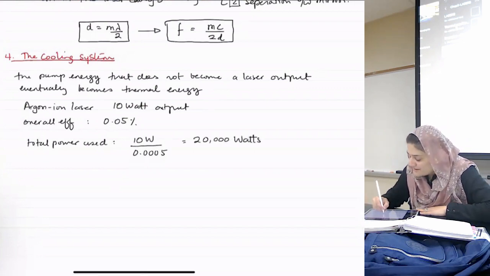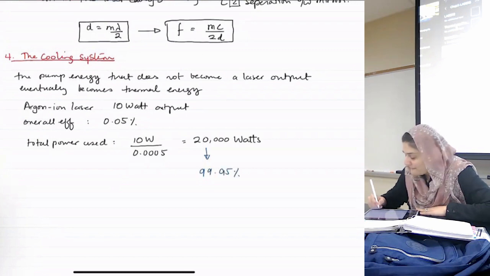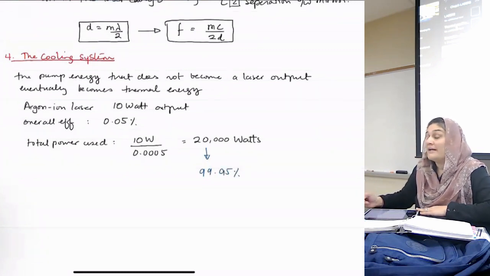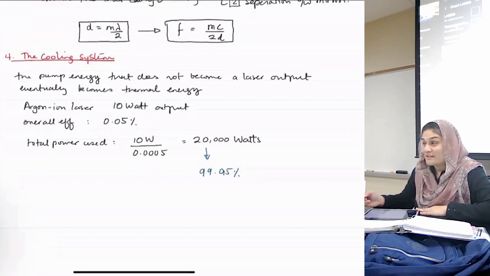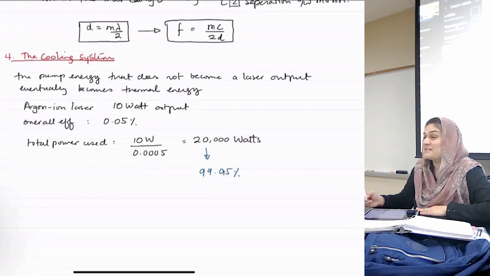Out of 20,000 watts, how much of it is being wasted? 99.95% of it is coming out as heat.